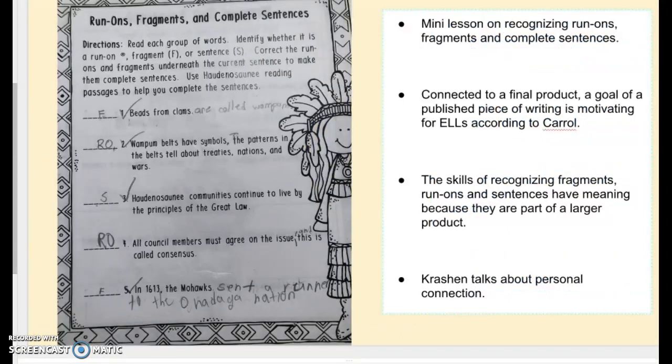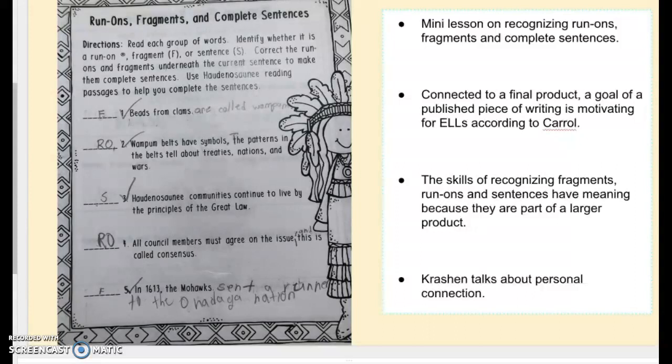The next slide I'd like to show you has to do with the mini lesson. ELs need explicit instruction on grammar and understanding also run-ons, fragments, and what a complete sentence is compared with fragments and run-ons, so they can really hone in for their own writing and have an understanding that when they come to a sentence that does not have a subject and a verb, it's considered a fragment.